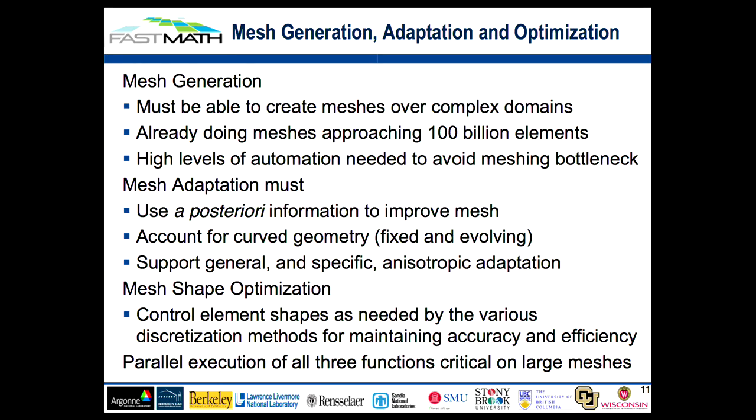So mesh generation, we're typically not writing the mesh generators, although sometimes we do specific aspects of that, but we all support the integration of those. So what do you want to be dealing with the mesh generators? Well, you've got to be able to deal with totally general domains. We are doing meshes that have approached 100 billion elements.